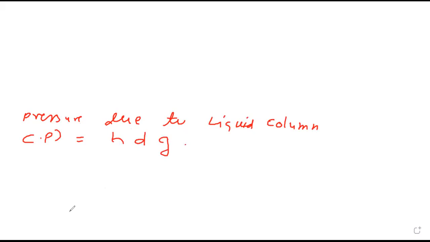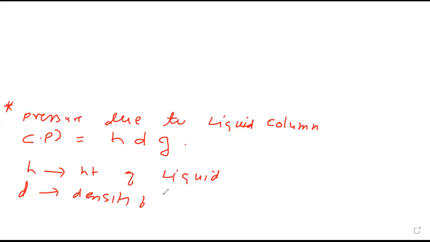This you know, pressure due to liquid column is h d g. H means height of liquid, d means density of liquid, and g is acceleration due to gravity.